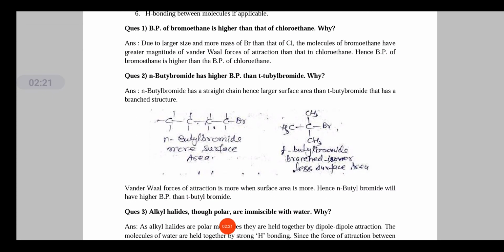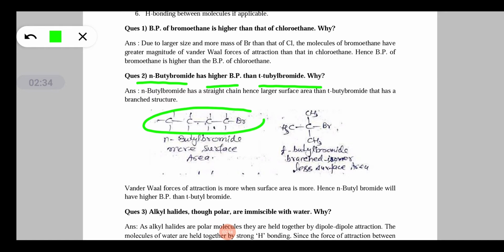Question number 2, n-butyl bromide has higher boiling point than tertiary butyl bromide. Why? As I was discussing above, n-butyl bromide is a straight chain alkyl halide, and this is tertiary butyl bromide, or say 2-methyl-2-bromopropane is the IUPAC name.